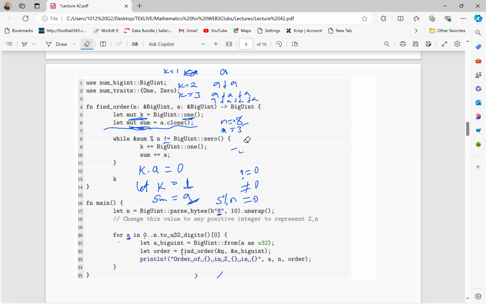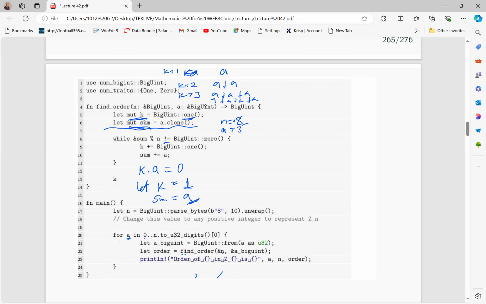So what is inside the loop? What does the code say? If the remainder is not 0, our k was 1, so make k 2.